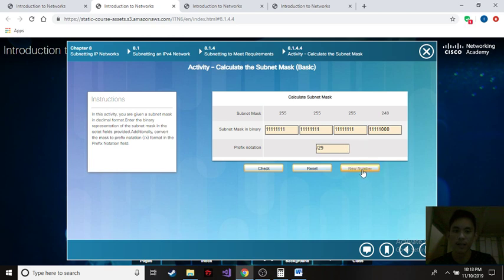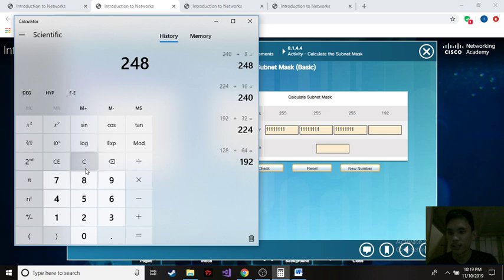So let's try another problem. So here we have 255, 255, and 255 again. This is 8 ones, 8 ones, 8 ones, and then we will try to calculate to get this value. So first, let's start with 128 plus 64.